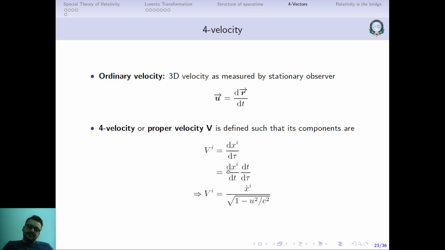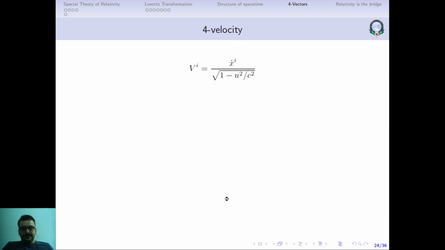This is what is observed, so this is the observed velocity. This is the rate at which your coordinates are changing with respect to observed time. So vi is simply xi dot divided by under root 1 minus u square by c square. So these are the coordinates of the proper velocity or 4 velocity.